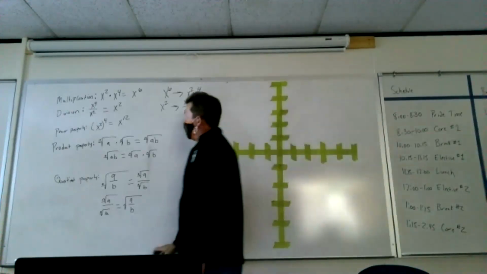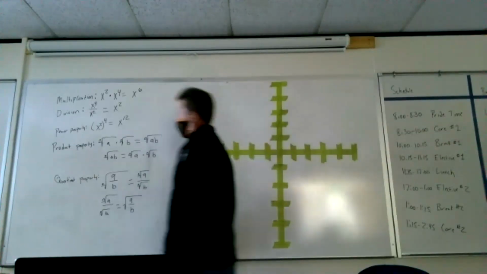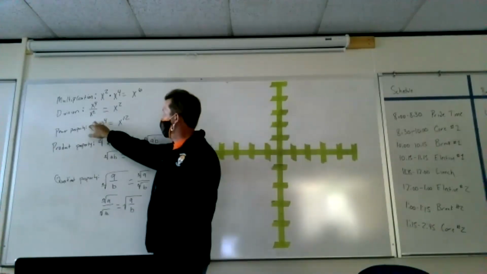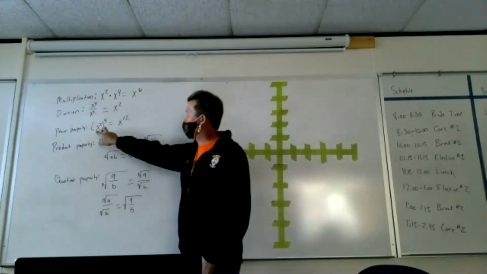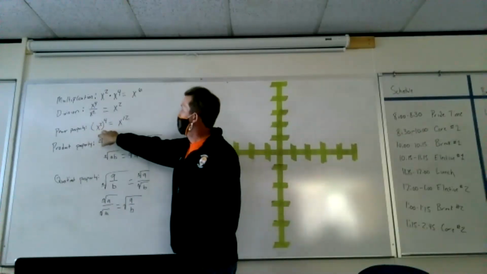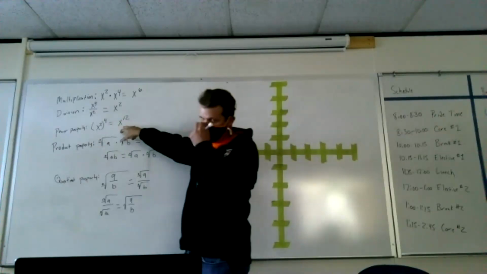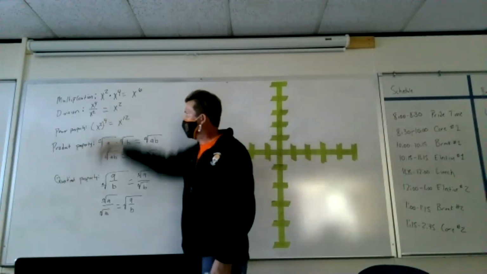Okay, the next one is the power property of exponents. What it states is that if we have a variable with an exponent that's raised to an exponent, so you can see I have x cubed inside of the parentheses, and that's raised to the 4th power, that's going to be equal to x to the 12th. Okay, we multiply the exponents in that situation.